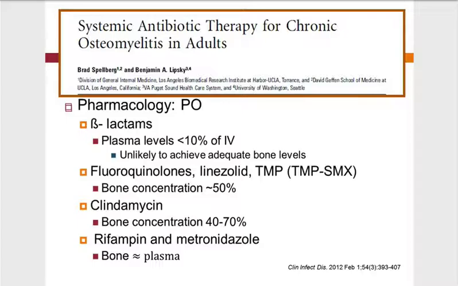I left something out of here on purpose. What about doxycycline? What do you think about doxy or tetracyclines in general? Any guesses? Why did I leave it out of here?